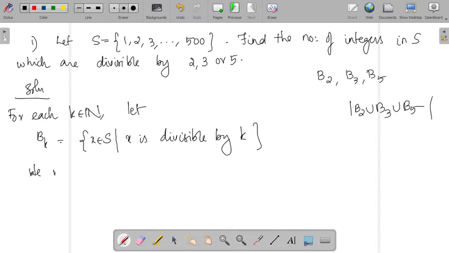We need to find the cardinality of B2 union B3 union B5. So let us first look at the cardinality of B2.